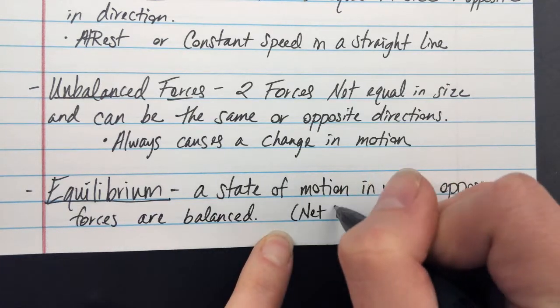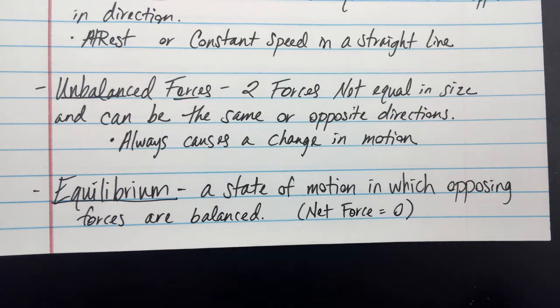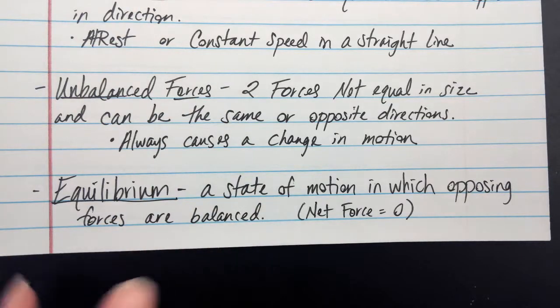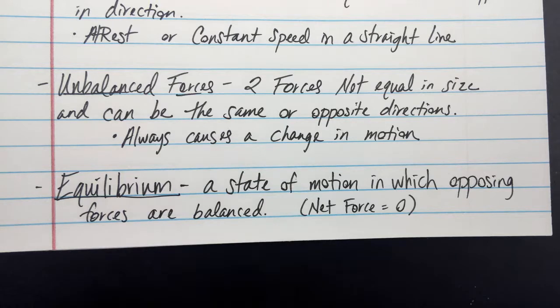The net force will be zero. It's like balanced forces, but this is what they call the motion that you're in when you have balanced forces. You're at equilibrium. Does that make sense? So the same rules for balanced almost apply, but this is the motion you're going to get when they're balanced. Cool? Okay, awesome. Y'all did good, and it was fast.